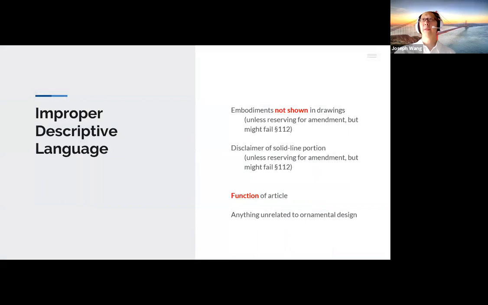Okay, so I think some questions have touched on this before. A lot of utility-minded practitioners want to use words to fill in whatever might be missing from the drawings, or to reserve amendments or something like that. In general, these attempts fail, and it's just not okay. The examiners will ask you to remove the language.